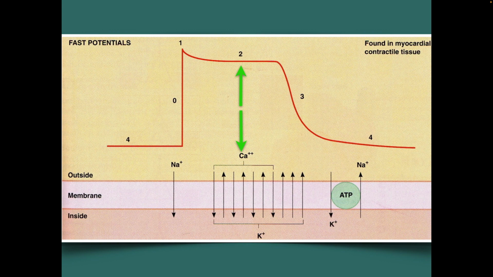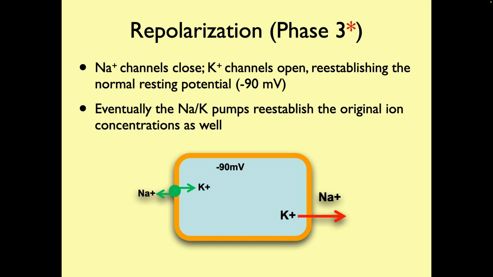And then repolarization is phase 3, is that what happens is the whole thing starts reestablishing itself. Sodium, which has flowed in, is now being kicked out again by the ATP pumps. Potassium is being pushed in, and everything reestablishes back to phase 4, the resting potential.